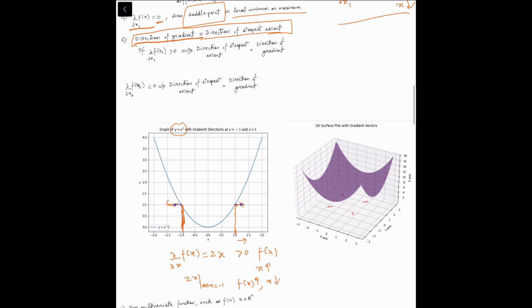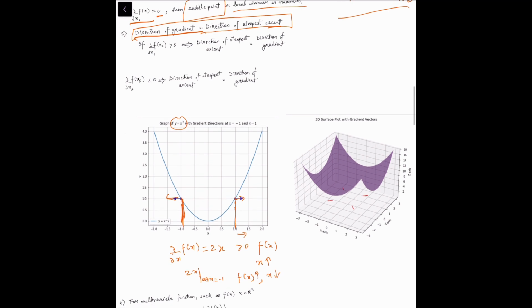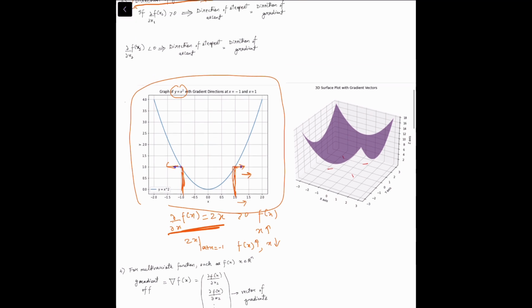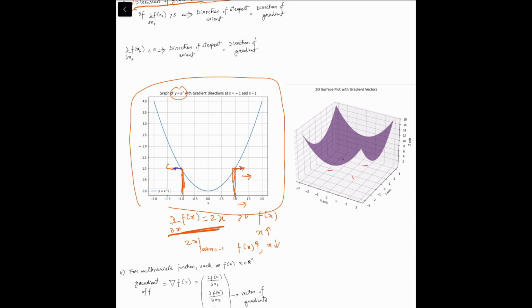Direction of the gradient is always equal to the direction of the steepest ascent. So what this means is, let's take this example. Here the direction of the gradient at this point is towards the right. That means the gradient points towards the direction of the steepest ascent, so for the function to increase by a large value, the x has to increase in this direction.